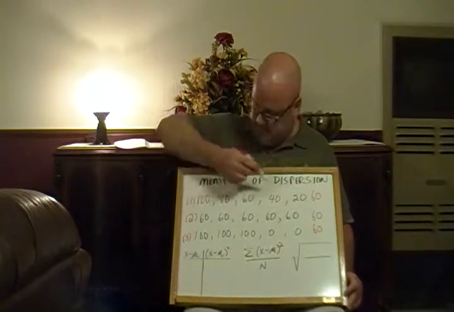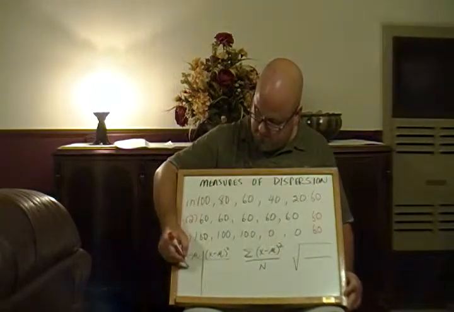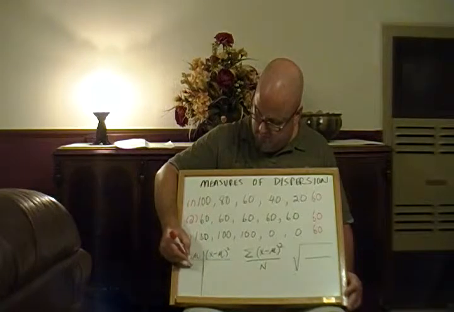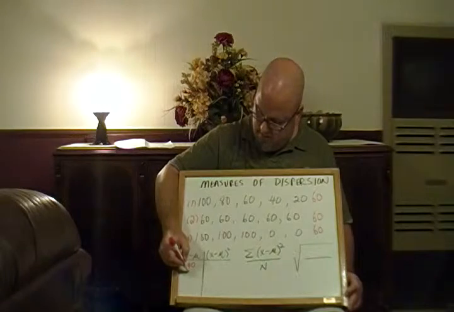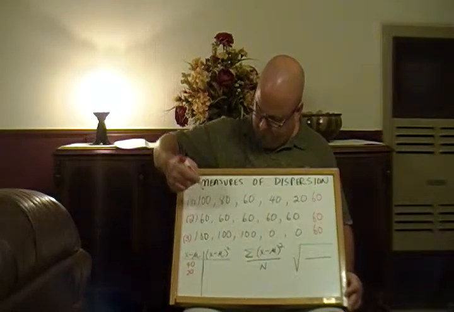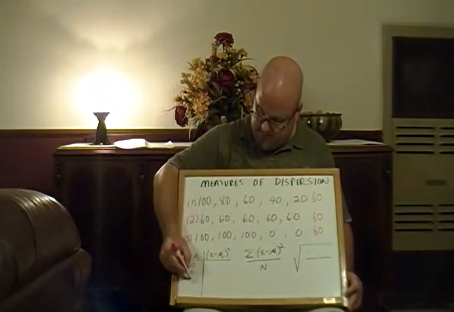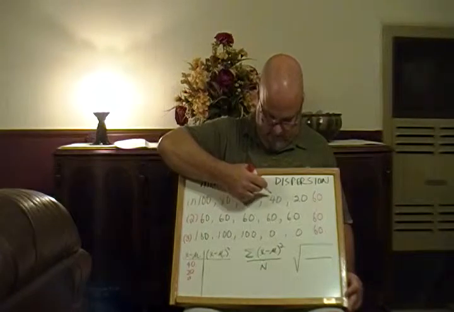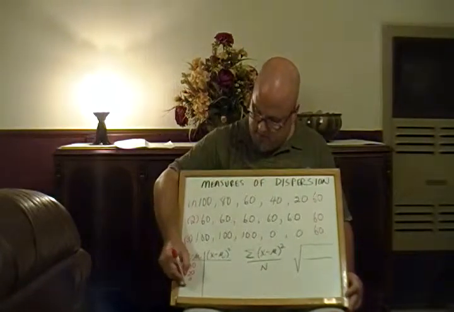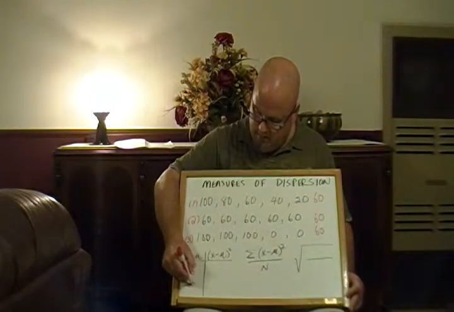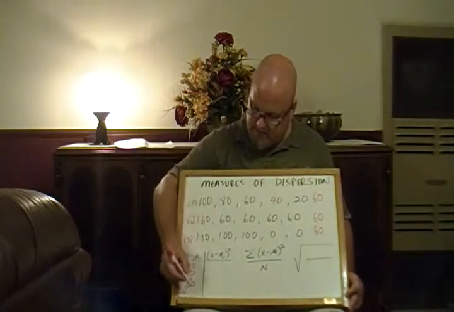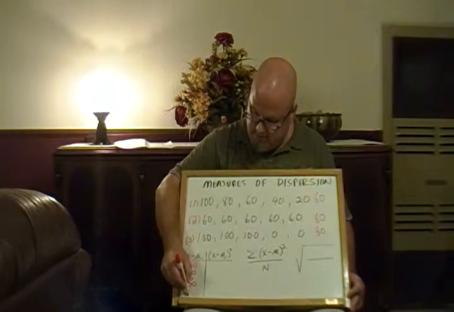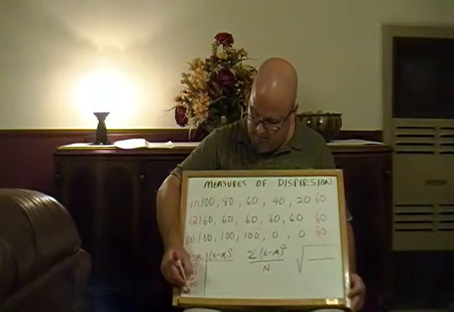So the mean is 60, 100 minus 60 is 40. 80 minus 60 is 20. 60 minus 60 is 0. 40 minus 60, that's negative 20. And 20 minus 60, that's negative 40. So there's our distances from the mean.